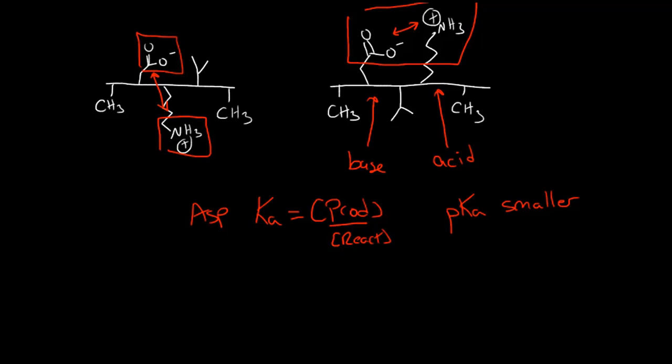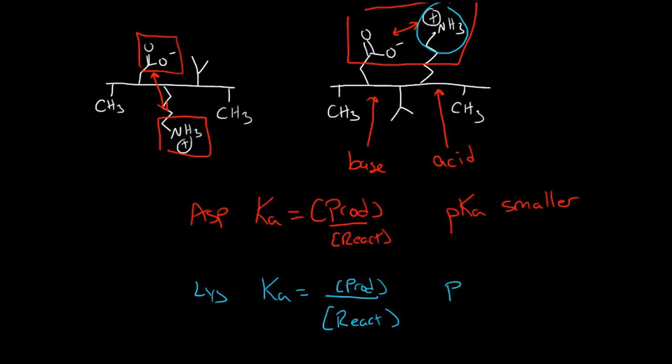Whereas for lysine, we know that our Ka is equal to the ratio of products to reactants. And in this case, our acid form is stabilized. So we actually are going to have a more stable reactant, because the acid in the acid dissociation reaction is a reactant, and we're going to have a small product concentration because it's less stable.